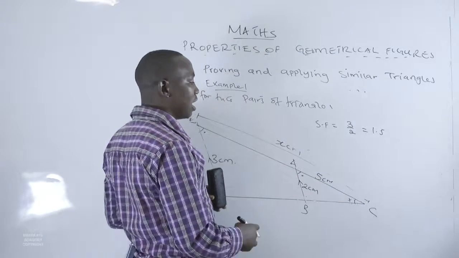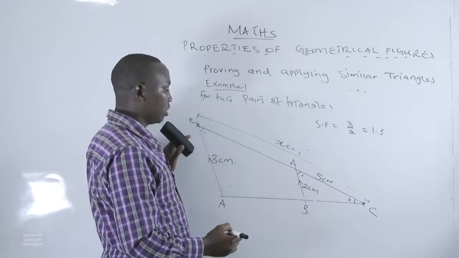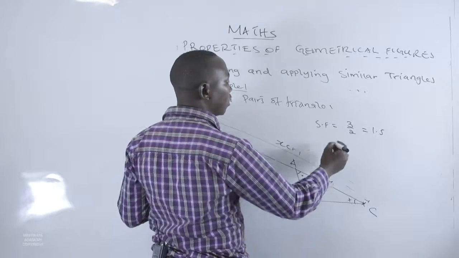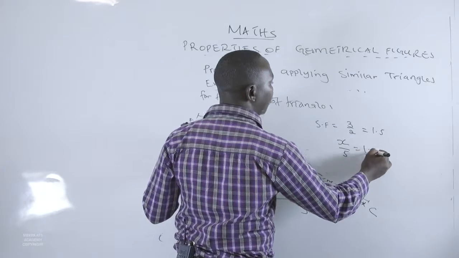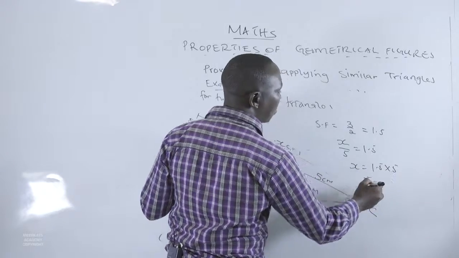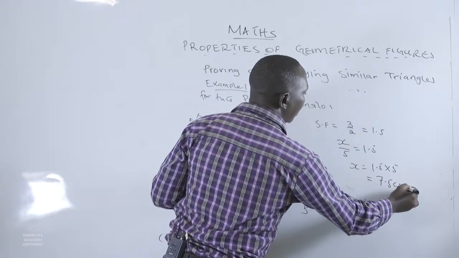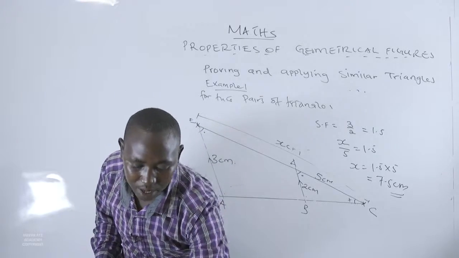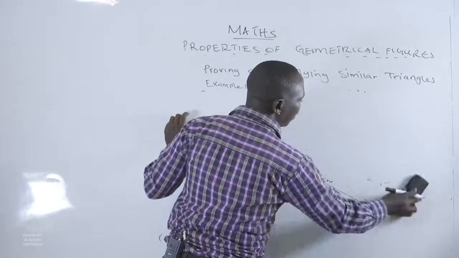And this scale factor will be equivalent to, if we use the hypotenuse of these particular triangles, which is x. So if we took x over this smaller length, it will give us 1.5. That means that x will be 1.5 multiplied by 5, which gives us 7.5 centimeters. So the value of x here is 7.5 centimeters. Example 2.